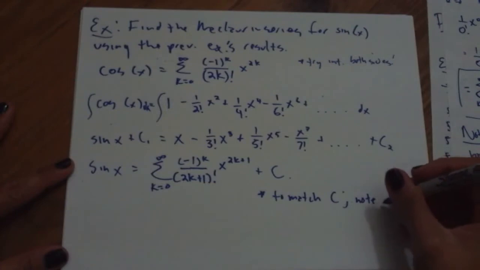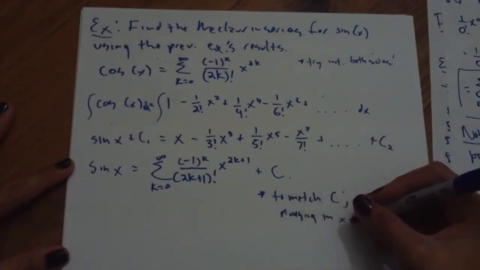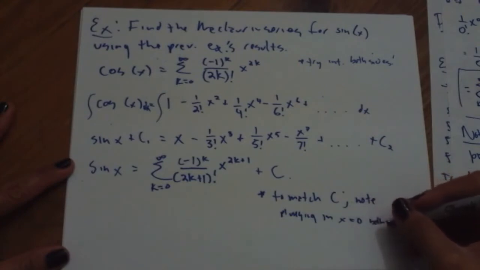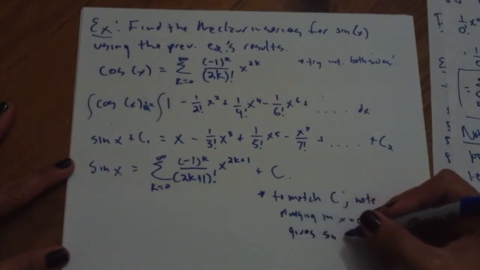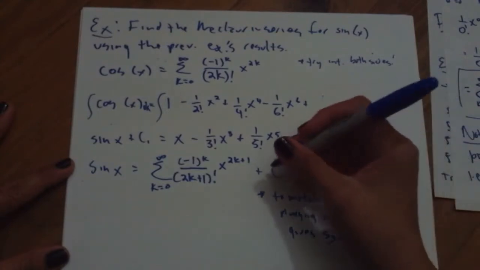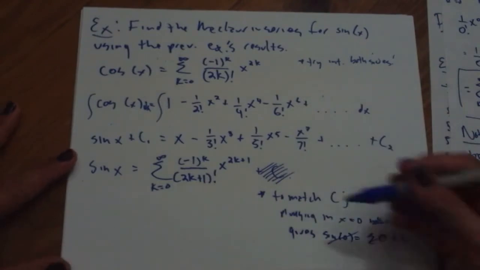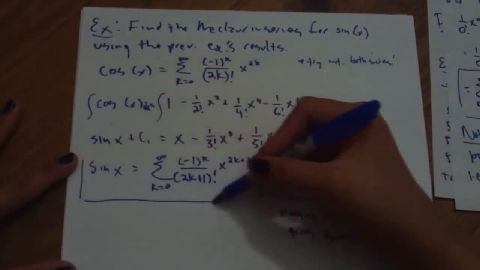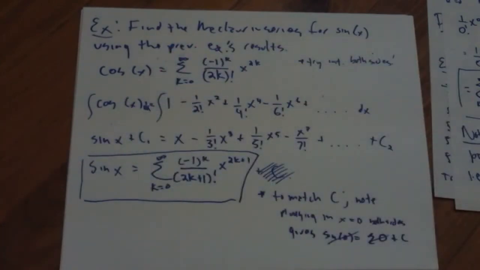Note that plugging in x equals 0 to both sides, this gives you sine 0 equals the sum of a bunch of zeros plus C. Both of these things are 0. So basically your C here is going to come out to 0 also. If you want your Maclaurin series for this, this is what we're looking at.